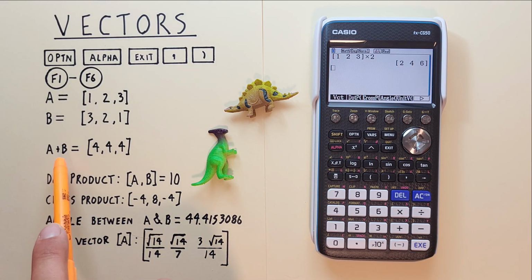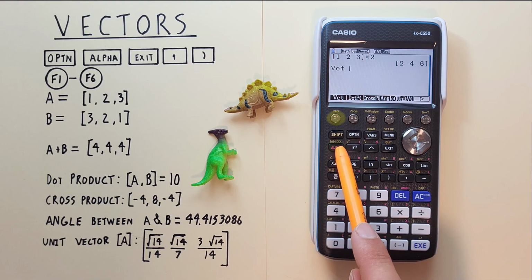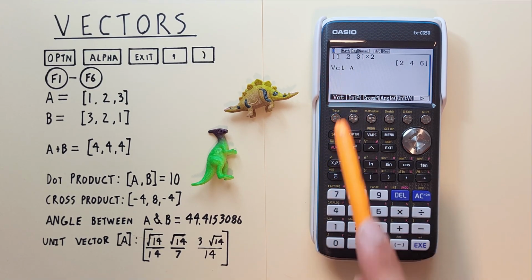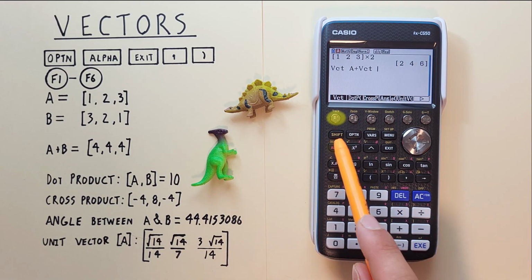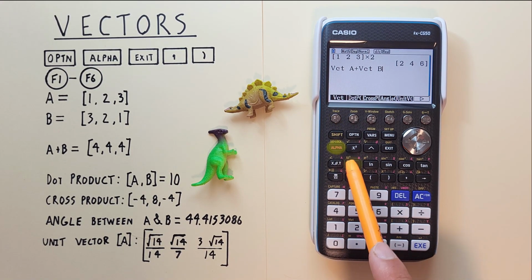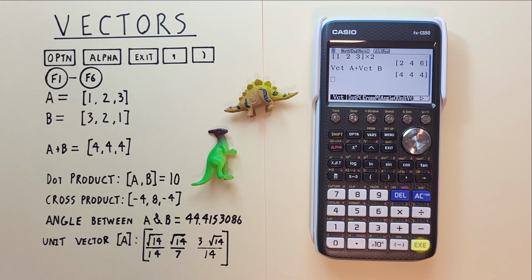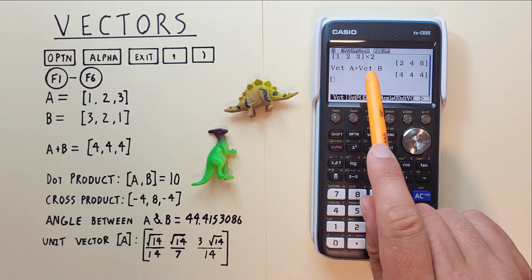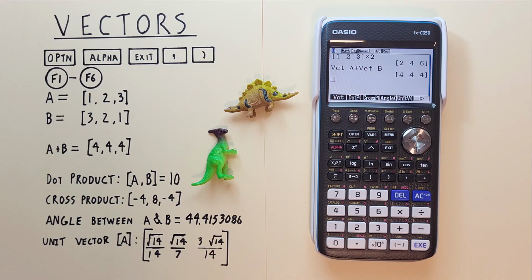So if we want to do our A plus B, we hit vector, and then alpha A to tell us vector A plus vector alpha B. There we go. Hit exe, and there we go. We get the result of our vector A plus vector B is 4, 4, 4, which makes sense looking at our A and B vectors.